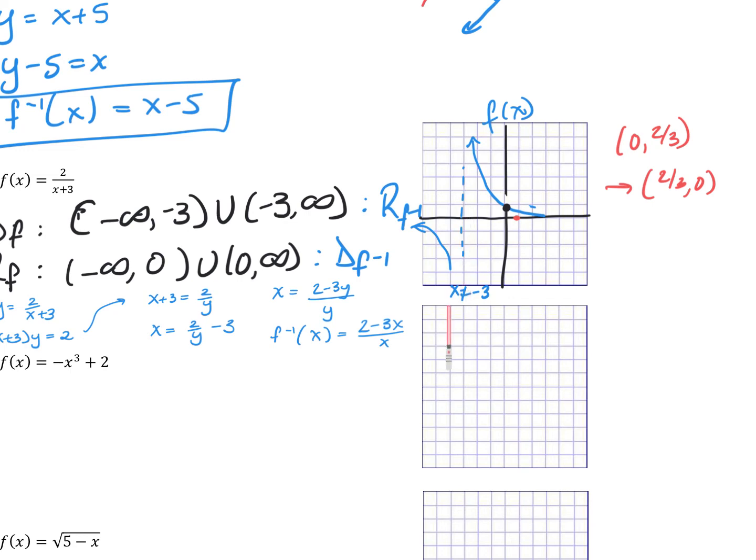Because this vertical line is x cannot equal -3, that means on its inverse, y cannot equal -3. This is a horizontal asymptote, which is y is equal to 0. And this is the vertical asymptote, which is reciprocal, x is equal to 0.